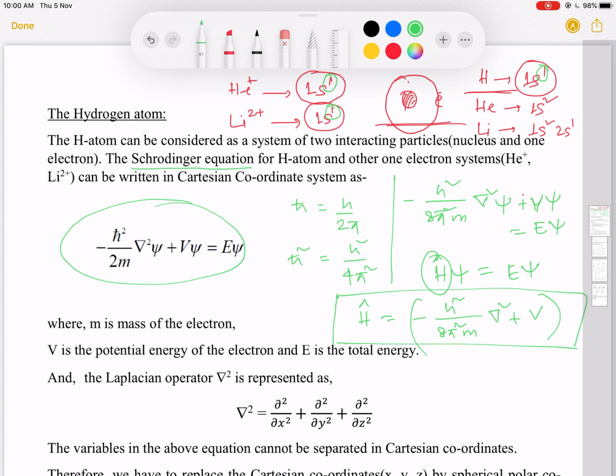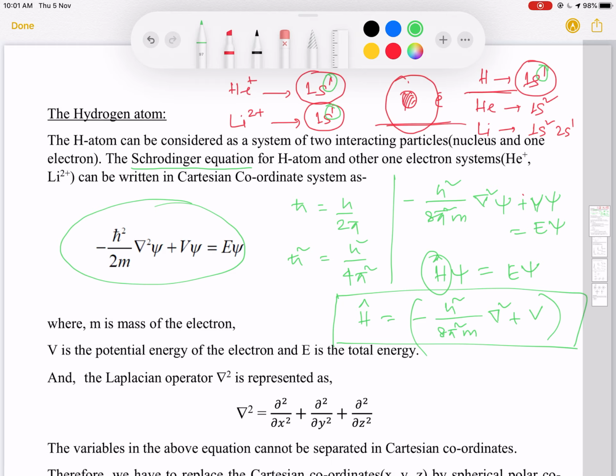Now this is the Schrödinger equation. I think your ma'am has already discussed this, so I will not go into it. Using this equation we can find all the information regarding a hydrogen atom or single electron systems.